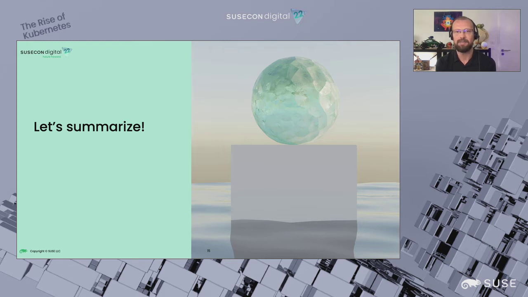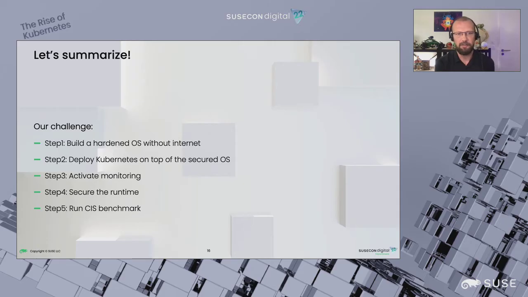So let's summarize what our plan is here. First of all, we will have to build the bottom layer, which is the operating system. How do we harden this without any internet connectivity? Second, we're going to stack on top of that the Kubernetes layer, which is the container orchestration layer, and we're going to harden this also.